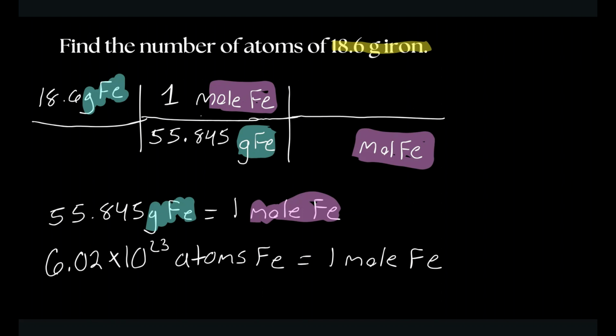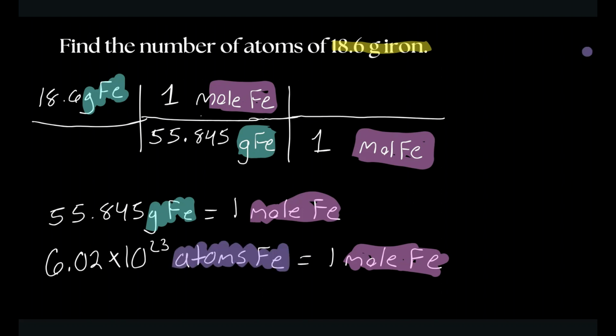Now, this mole of Fe is going to go into our bottom right diagonal, and what that is equal to, being our atoms of our Fe, this and everything is going to go on top. So this will go on our last spot that we need. So the 6.02 times 10 to the 23rd atoms of our Fe. And then we're able to solve.